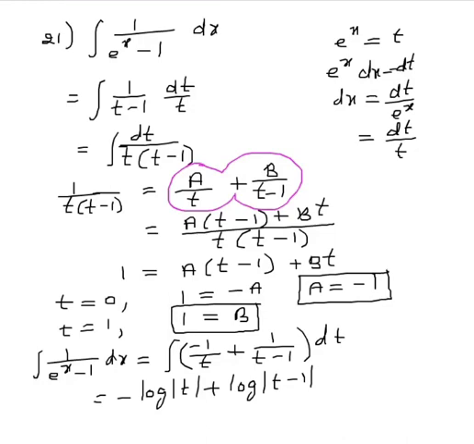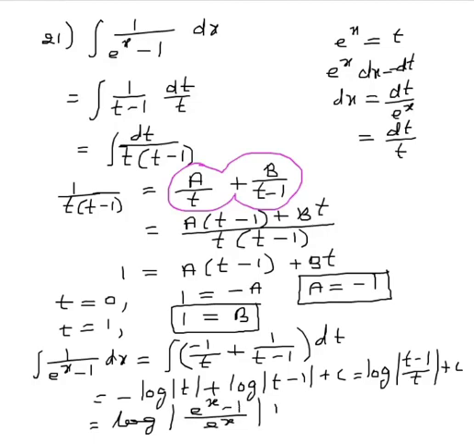Whereas if you use completion of squares method, directly we will get log of a by b form. So log a minus log b is log a by b. So it becomes log of t minus 1 divided by t, plus c, and substitute for t. Log of absolute value of t is e raised to x, and plus c.